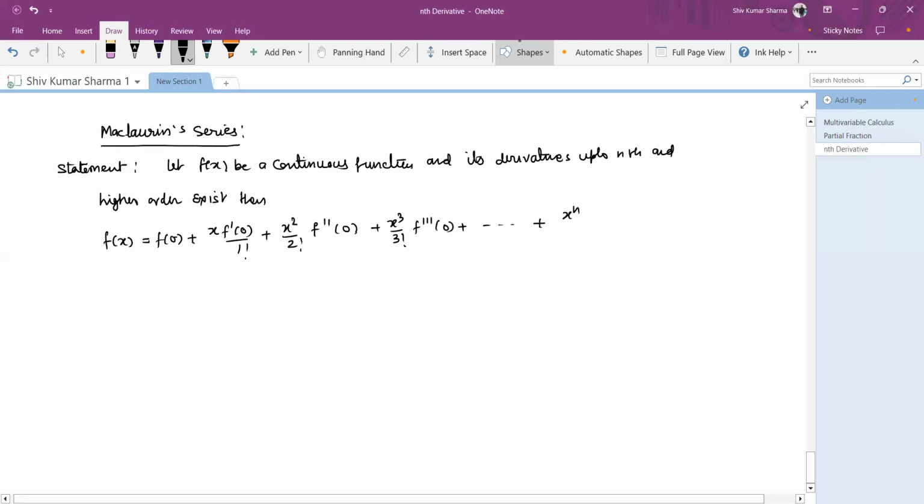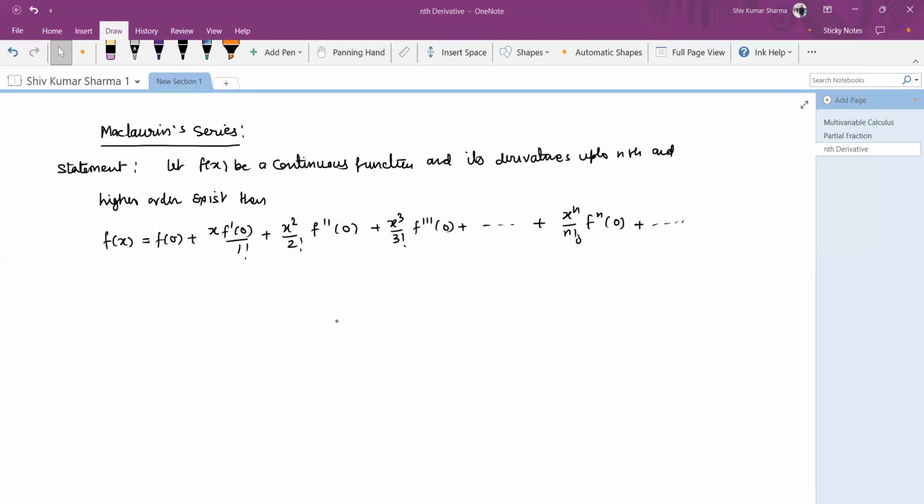The general term will be x raised to the power n upon factorial n f^n(0) plus and so on. So this is the statement of the Maclaurin series.